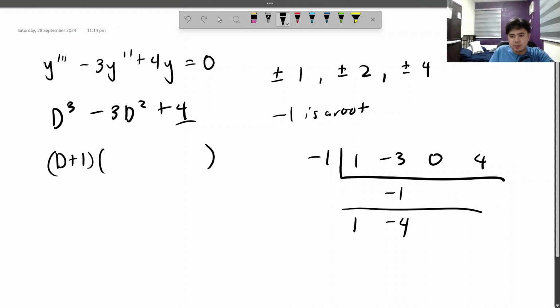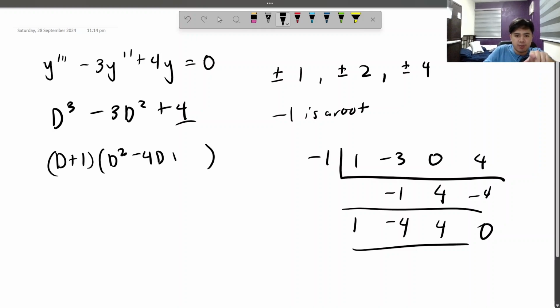It becomes positive 4. 0 plus 4 is just 4. Put that here, put that there. So negative 1 times 4 is negative 4. 4 minus 4 is 0. So these are going to be the coefficients of what we need: d squared minus 4d plus 4. So that's going to be the second factor.